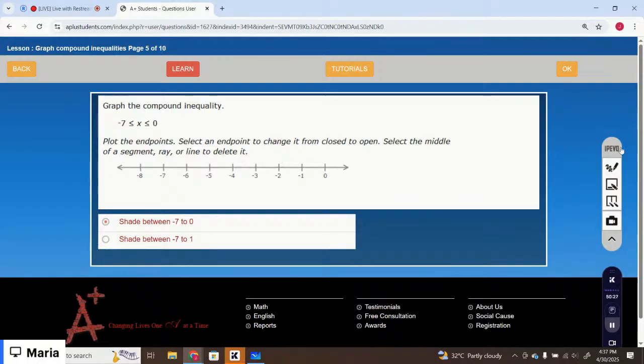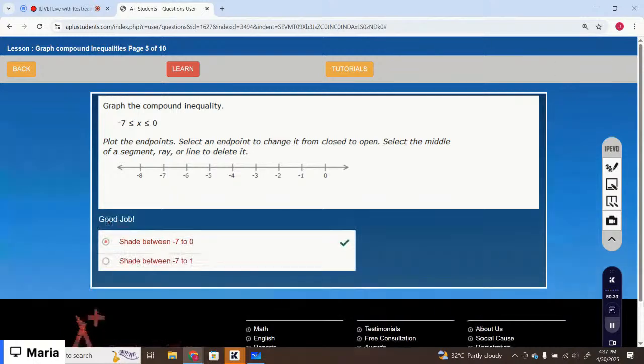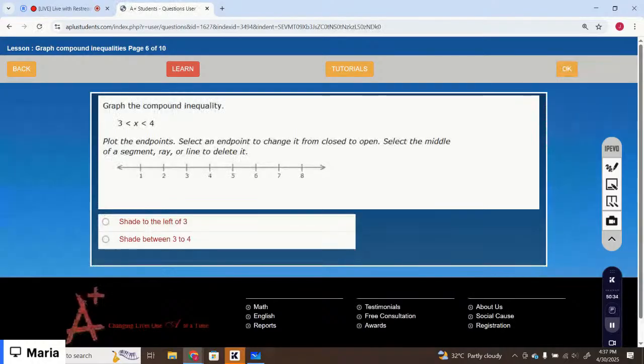That is shade between negative 7 to 0. Option number 1 is the correct option. That is shade between 3 to 4.